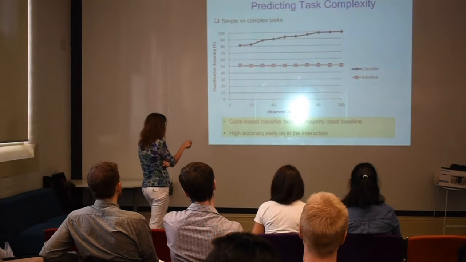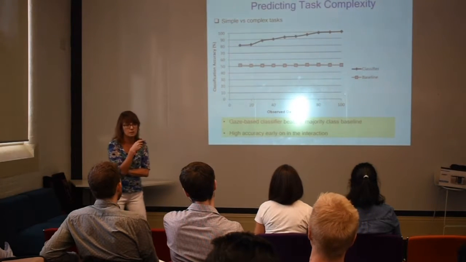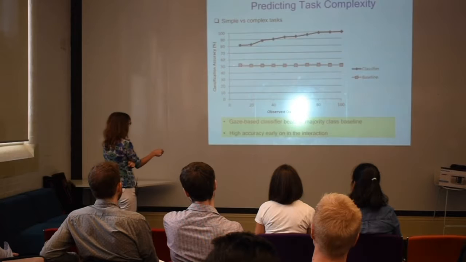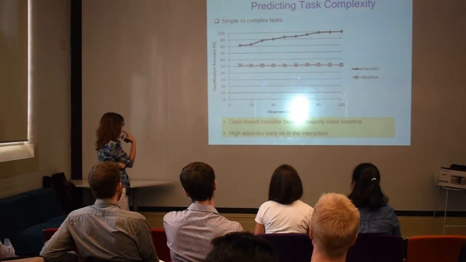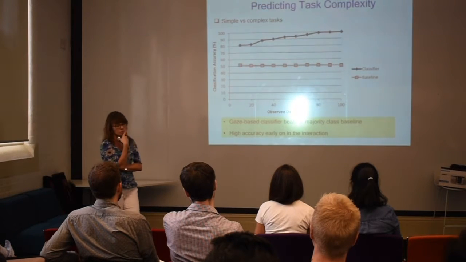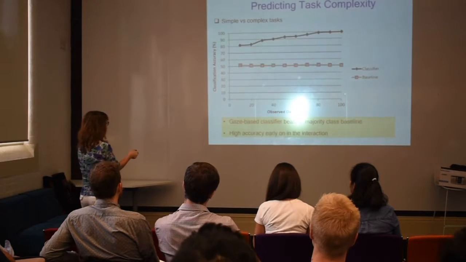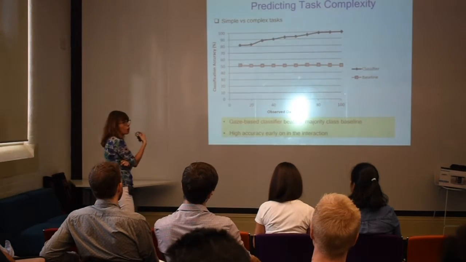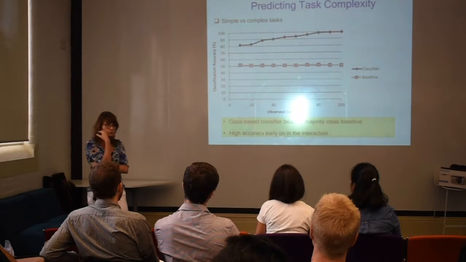So the statistical analysis shows that the classifier's accuracy is statistically higher than the majority baseline. And it's interesting to see that the accuracy increases as the classifier sees more data, but already from quite early on, the classifier beats the baseline and the accuracy is reasonable, okay?